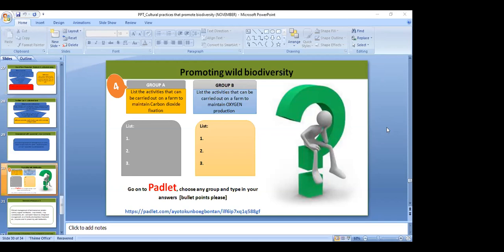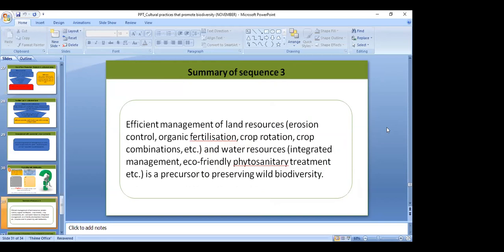The summary of everything I've been discussing over some time is that efficient management of land resources, erosion control, organic fertilization, crop rotation, crop combination, integrated management of water resources, eco-friendly phytosanitary treatment, etc., is a precursor to preserving wild biodiversity.